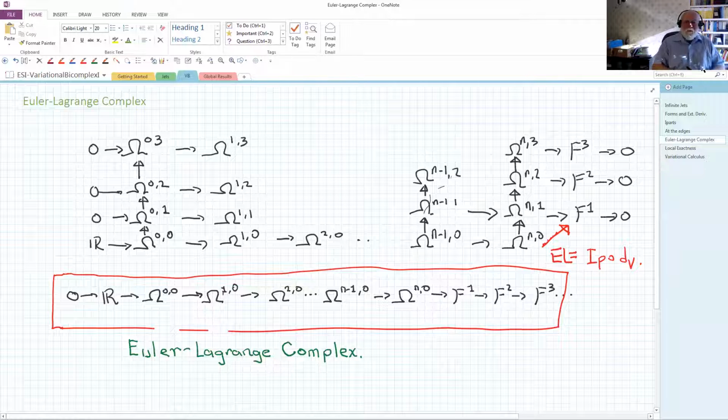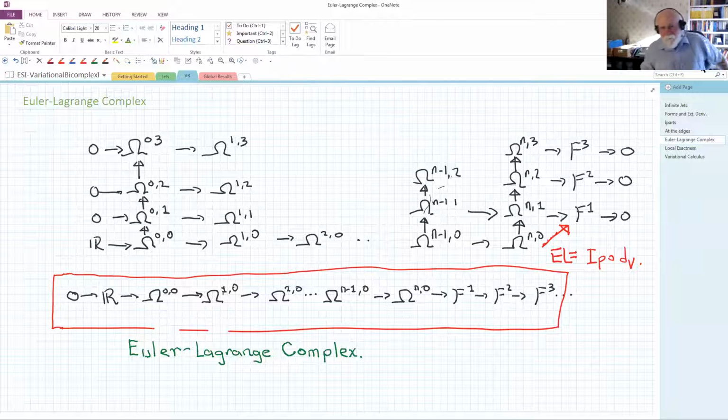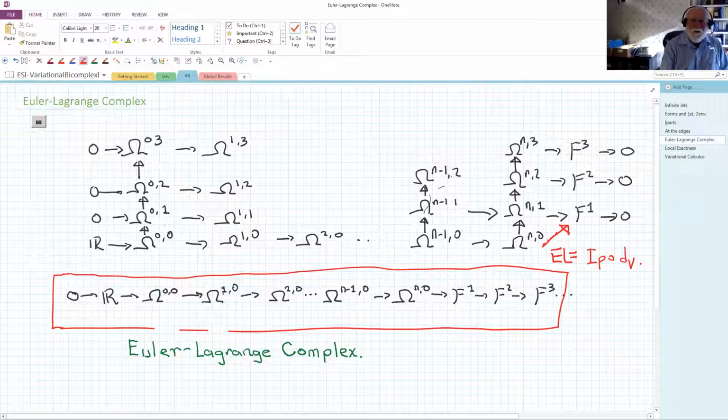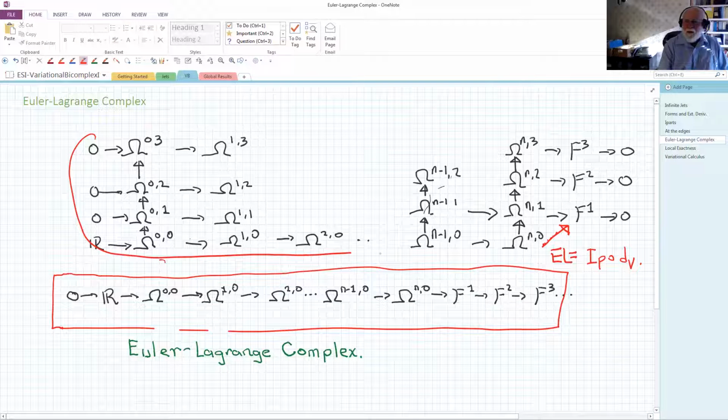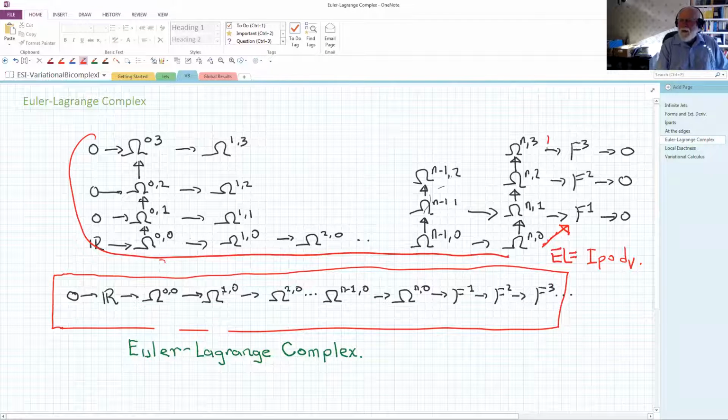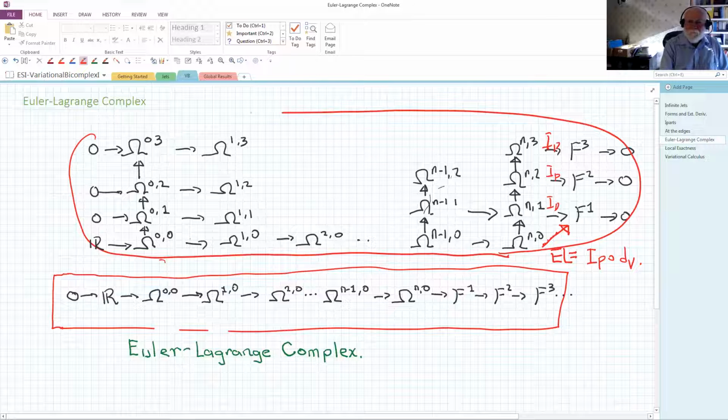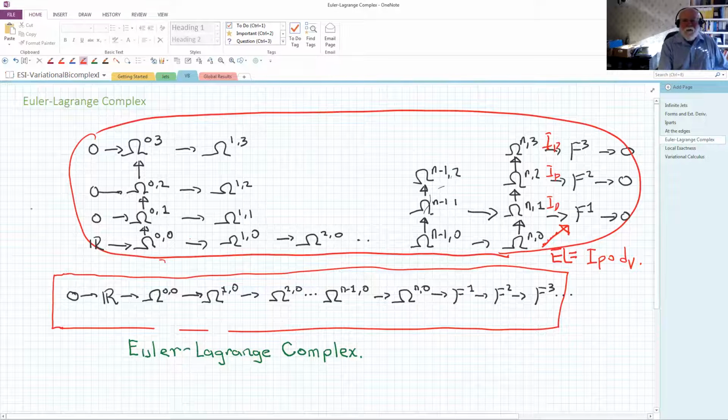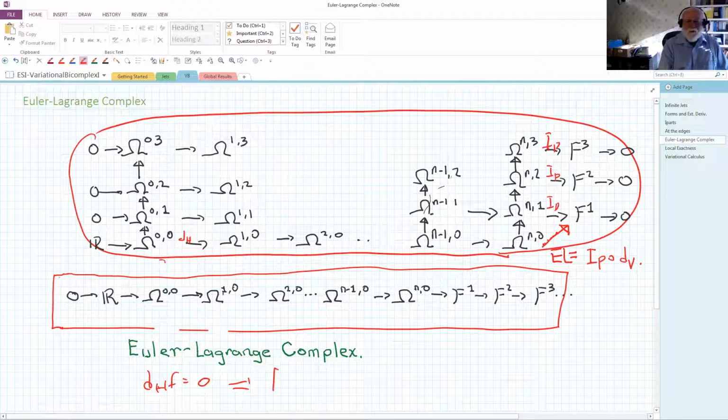Okay, so let's put it all together now. We have this big Euler-Lagrange complex. This is a big variational complex. And I've added into this the I parts operator at the end. And I've noted that if I have a function here, and dH of f is 0, then that function is locally constant.